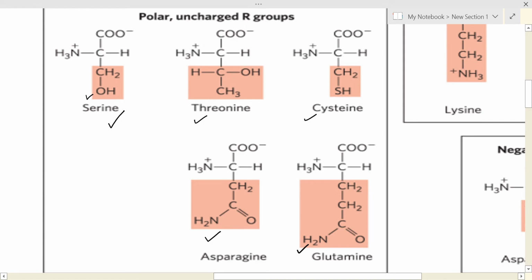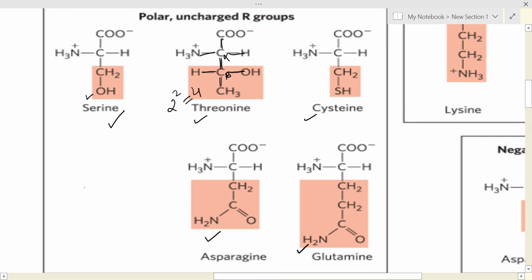Threonine has OH here, so it can be polarized. And another point, there are two carbons which are chiral in nature: first this alpha carbon and this beta carbon. Why? Because alpha carbon has first bond, second bond, third bond, fourth bond, all different. And this beta carbon also has all four bonds different. So here also 2 raised to power 2, which is equal to 4.